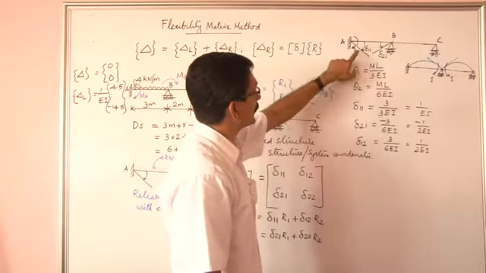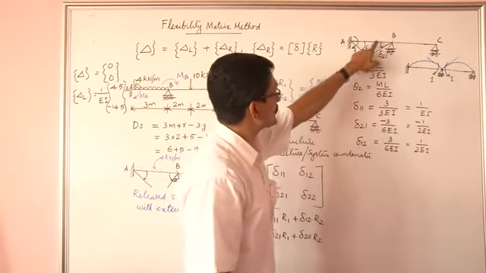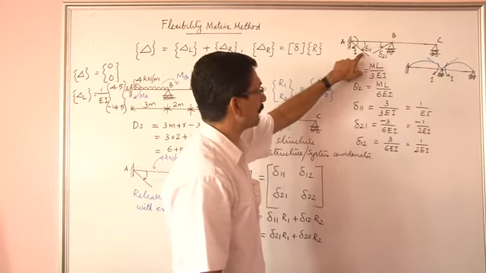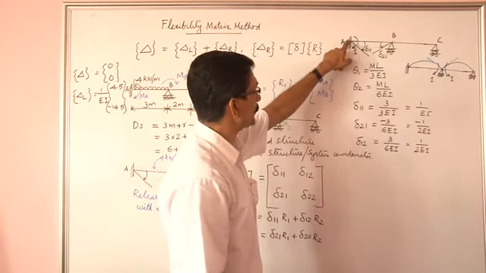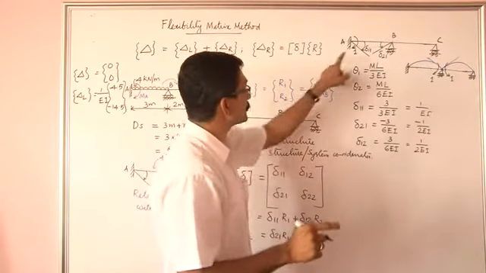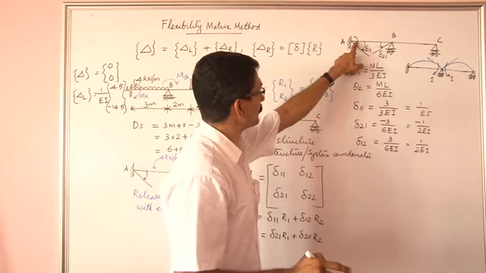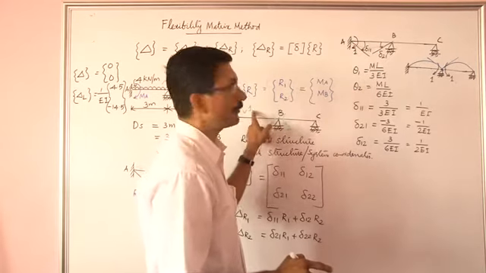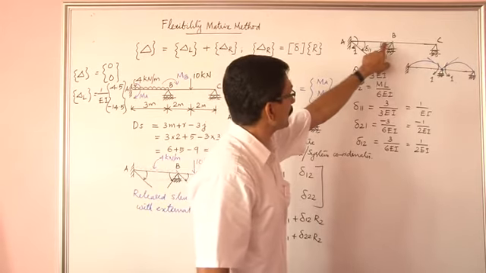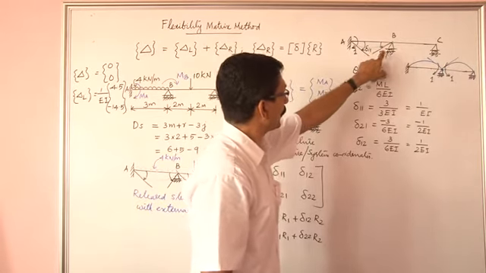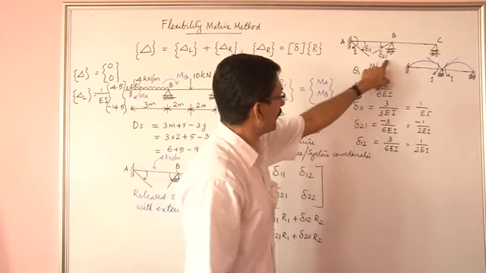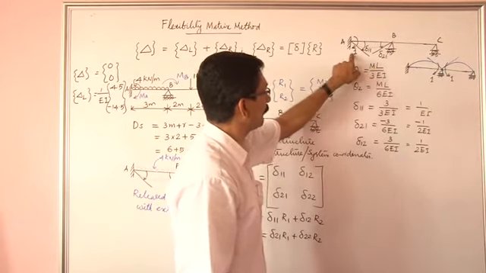Now the rotation of this span at this end will be delta 11, that is, rotation corresponding to coordinate 1 due to a moment applied corresponding to coordinate 1. The rotation corresponding to coordinate 2, this coordinate, due to a moment applied corresponding to coordinate 1 will be delta 21.